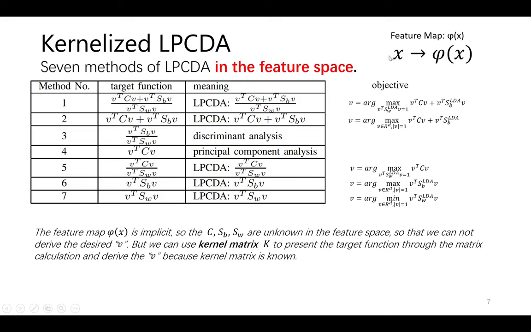In detail, I mapped the original data X into feature space, and we need to solve these objectives in the feature space by dealing with the matrices C, B, W and receive the target direction V. While the feature map is implicit, so the matrices C, B, W are unknown in the feature space, so that we cannot derive the desired V. But we can use kernel matrix K to present the target function through the matrix calculation and derive V, because the kernel matrix is known in the feature space.